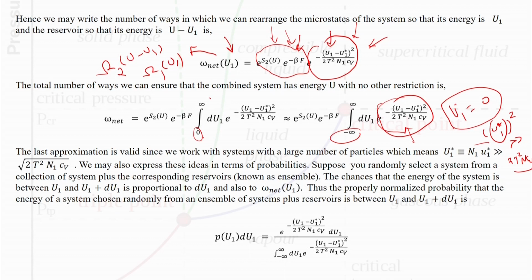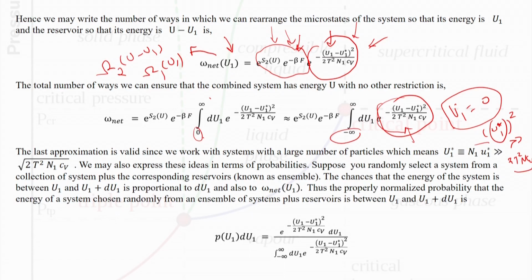So, given that it is justified, now we can also form a probabilistic interpretation of this expression that I just wrote down, and the probabilistic description is like this. Suppose I have a collection of system plus reservoir, suppose I have many copies of that.